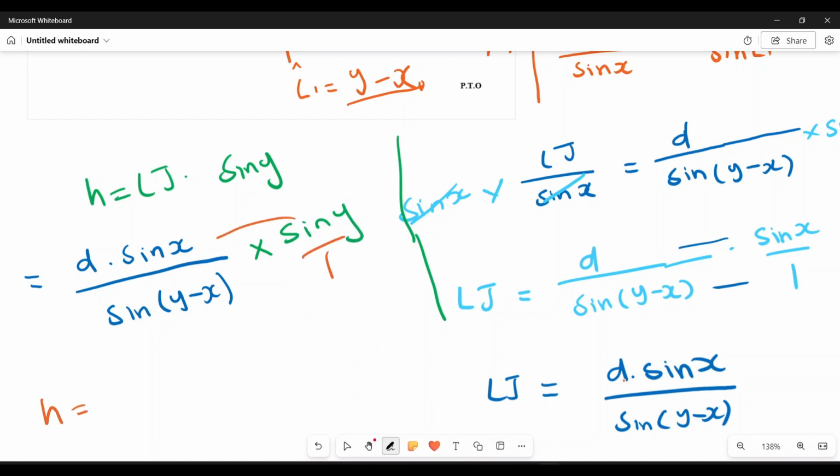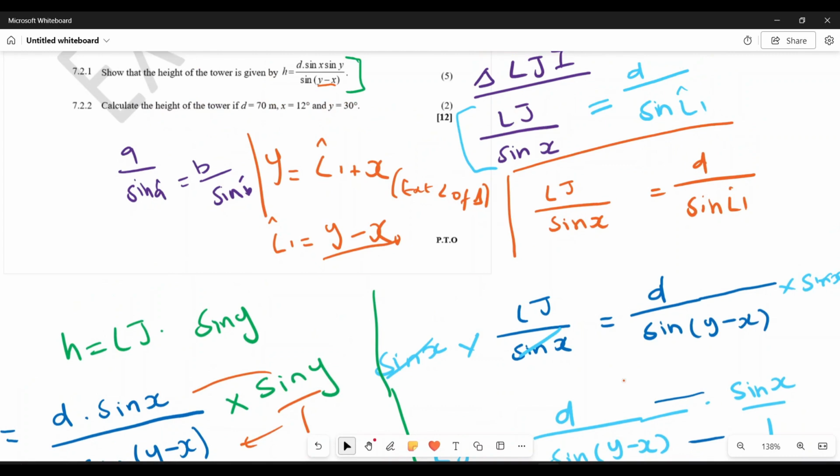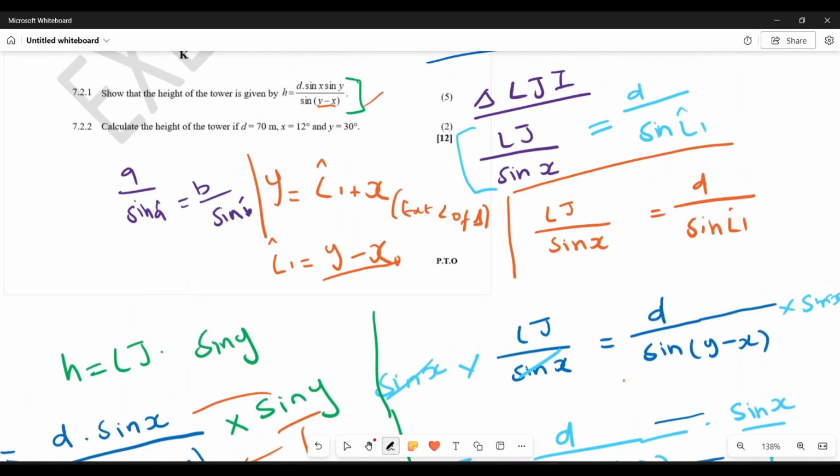Numerator by numerator, denominator by denominator, my H would be equal to D multiplied by sine X multiplied by sine Y all over sine of Y minus X, which is what the question was requiring us to prove.